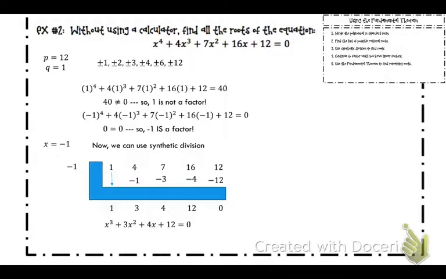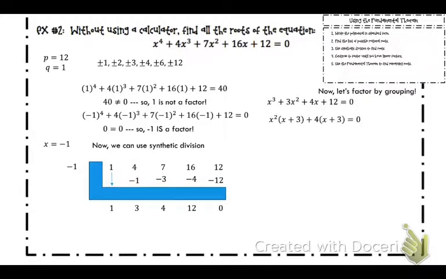Now we could go through and do the rational roots theorem again. I have 4 terms here. So before I do that though, I'm just going to try factoring by grouping. Okay, so I'm going to group those first 2, and I'm going to group the second 2. When I group those first 2 here, I can take out an x squared, and I'm left with x plus 3.